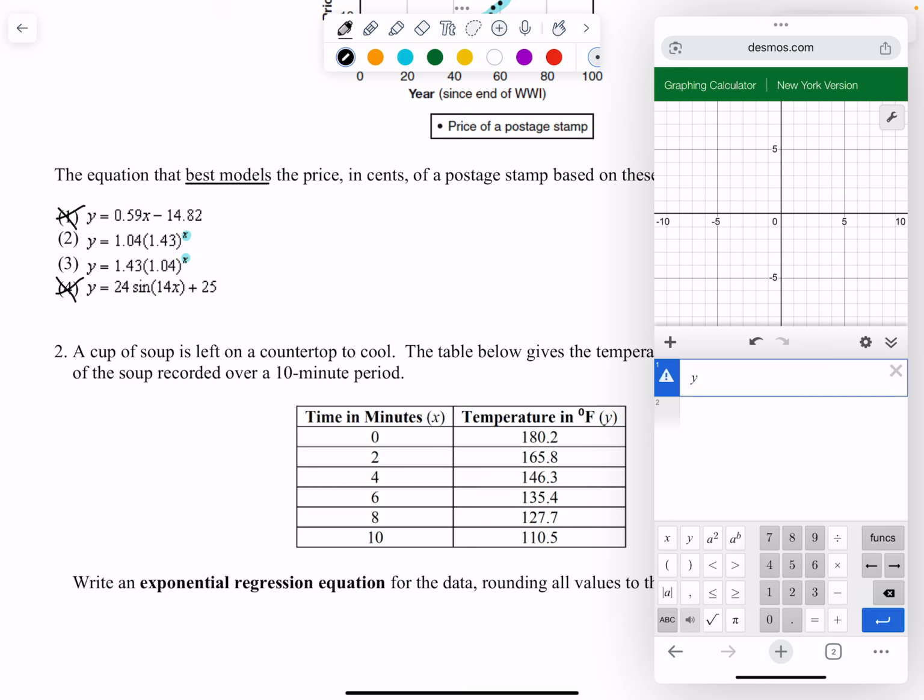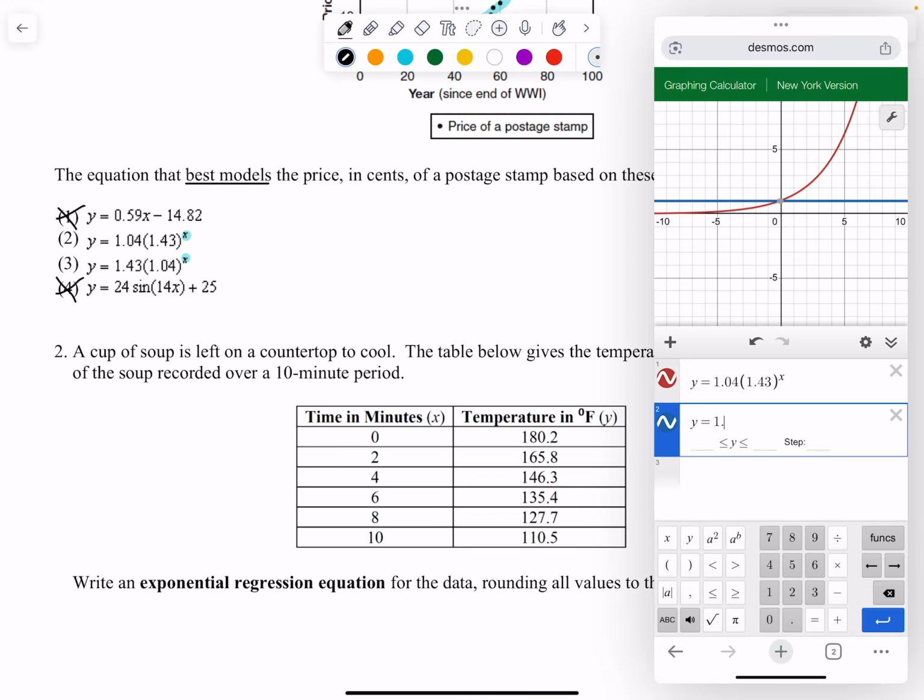So y equals 1.04 times 1.43 to the x, and then the other has a different leading coefficient, or initial amount, 1.43, and a different base, 1.04 to the x.